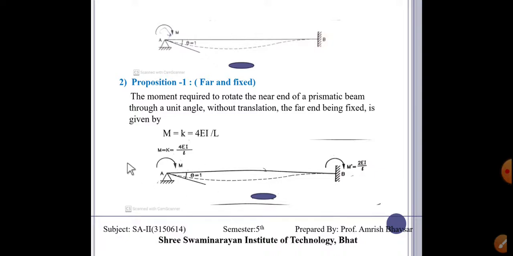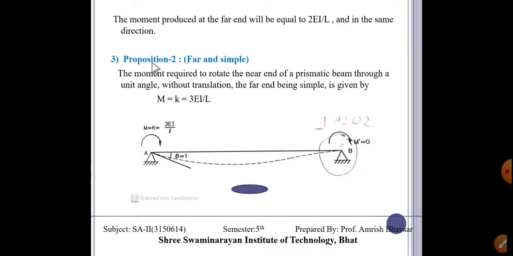If I am talking about this moment and the far end is fixed, then M is equal to K is equal to 4EI upon L, right? That we know. The moment produced at the far end will be equal to 2EI upon L in the same direction.